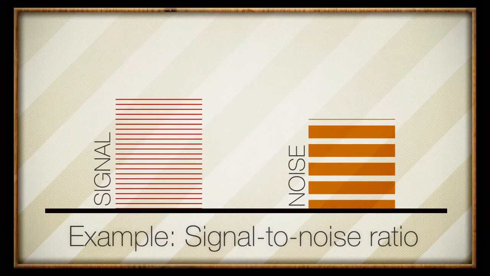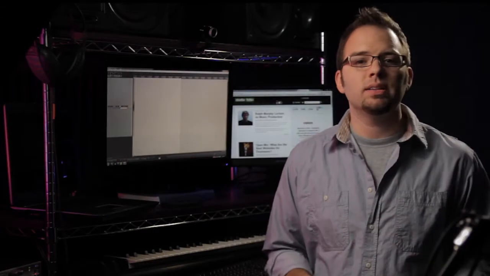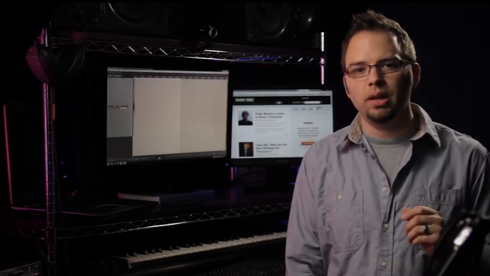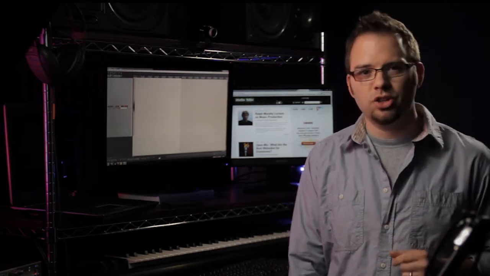Let's take a look at this example. In this example, I've moved the microphone a good distance away from me, and I've also turned on my air conditioner to introduce some background noise. Now what I've done is leveled the audio so that my voice is the same as it would be if the microphone was closer. Now I'm going to move the microphone closer and let's check that out.